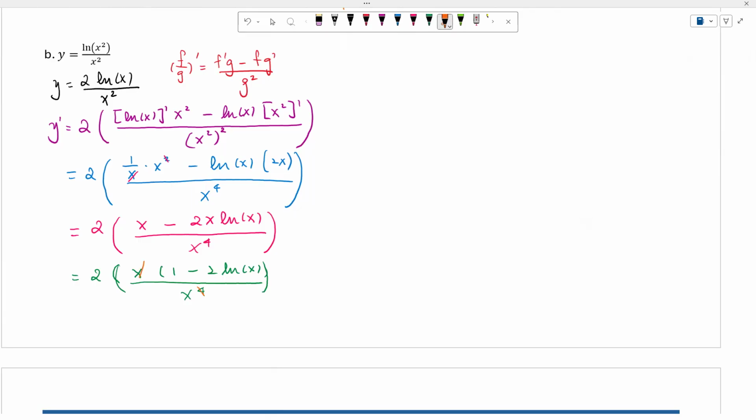And now this x and this cancel. So my answer will be 2 times 1 minus 2 natural log of x, divided by x to the power 3.